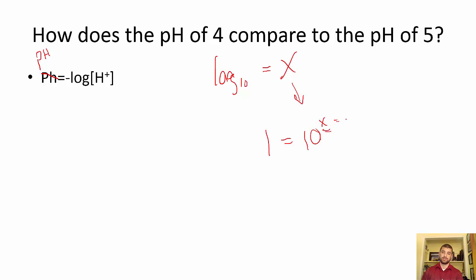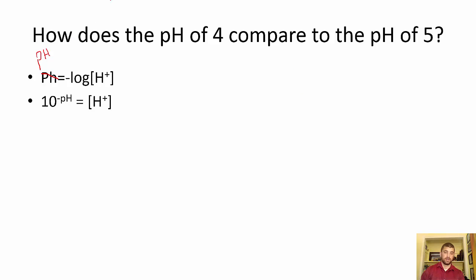Then x would have to equal 0, right? So we're just rearranging this log equation to solve for, instead of pH, solve it for H plus. So we can go, all right, well, let me rearrange it. So we get 10 to the negative pH equals concentration of H plus.